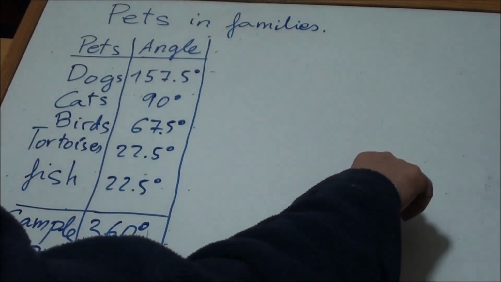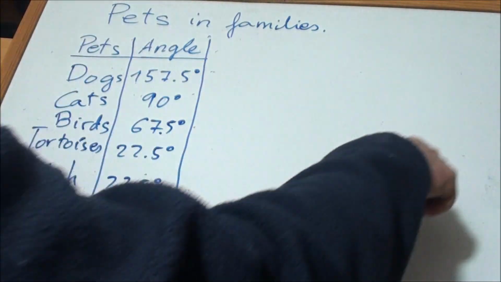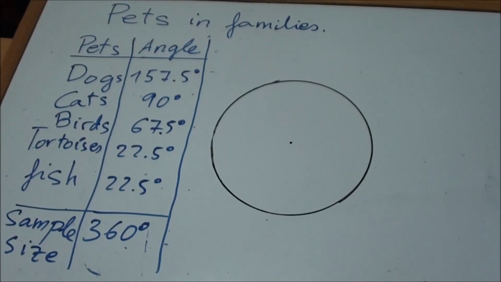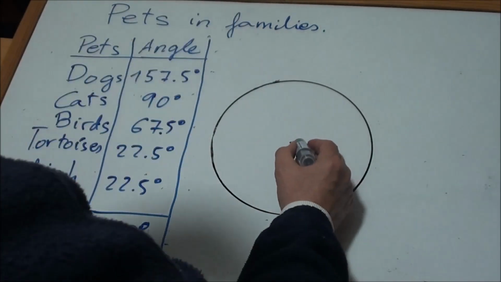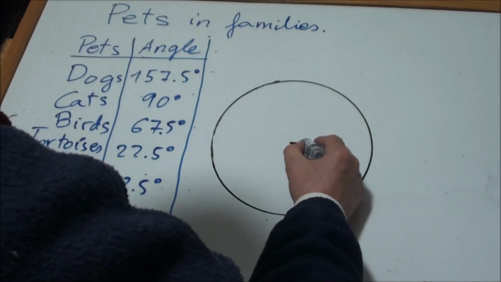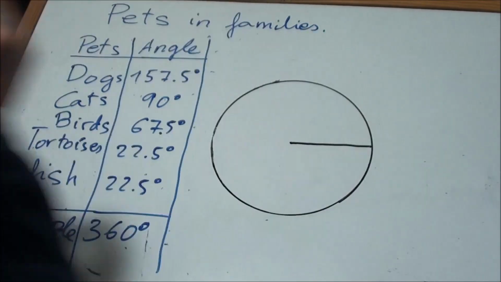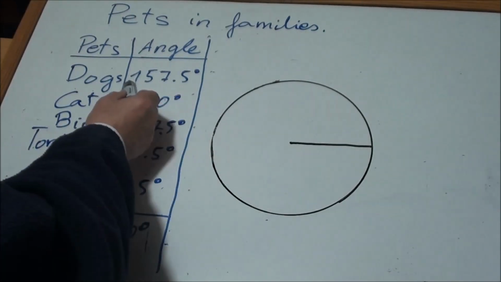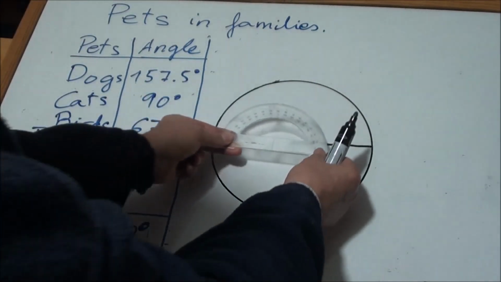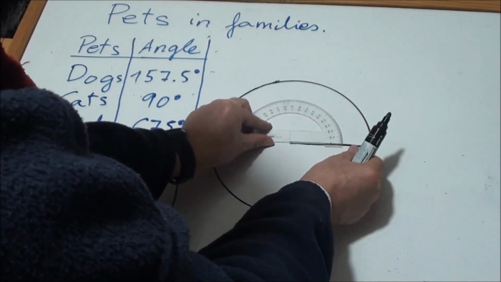First we are gonna draw a circle here. Here is our circle, and now we need a protractor like this, and we are gonna start drawing the angles. First we draw the radius of the circle, and we're gonna start measuring the angles. 157.5, so I put the protractor here.